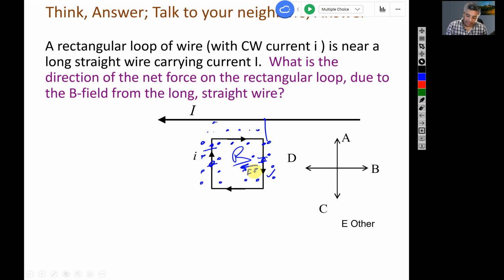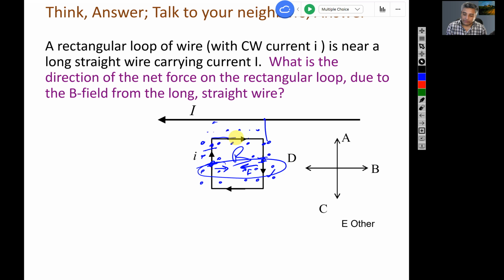Current is going that way and the magnetic field is coming this way. Oh, it looks like they are pulling towards each other. They are at equal distance, meaning the value of force is the same, but they are in opposite direction. So that means these forces on this side cancel each other. So they don't have effect, okay?